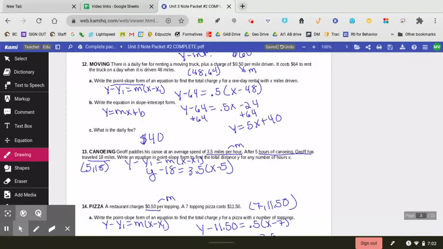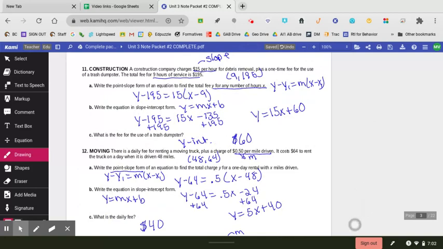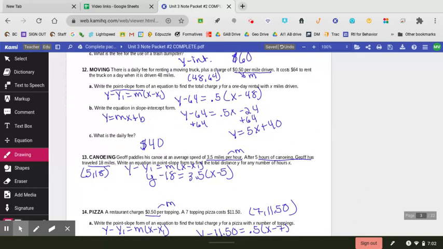Okay, so hopefully you paused. In number 12, my slope is the 50 cents per mile driven. Oh, I'm sorry, I skipped 11. No, we did 11 together. In 12, my slope is the 50 cents per mile driven, and it costs $64 to rent the truck for 48 miles. That gives me the point (48, 64) because the miles driven is my independent variable.